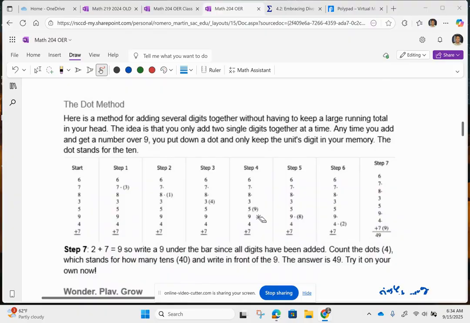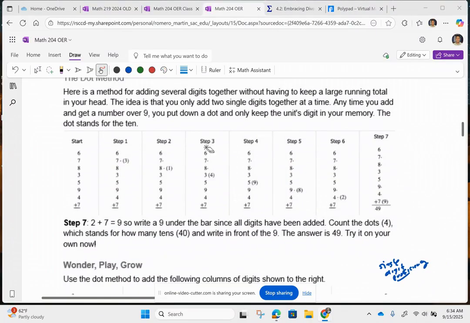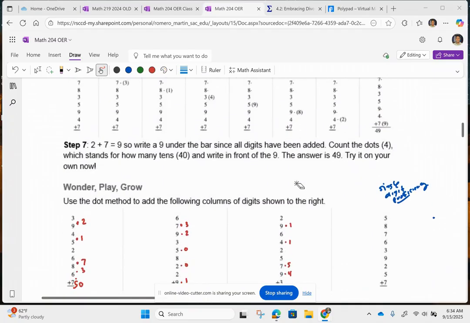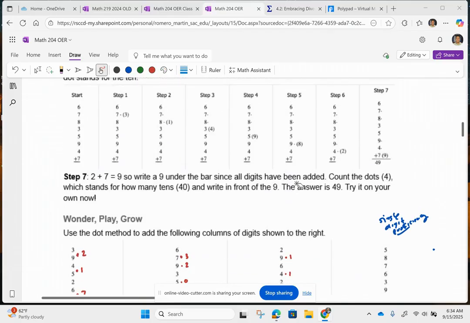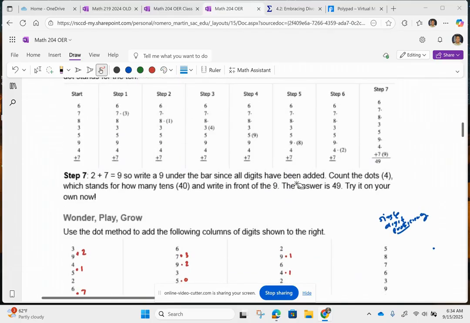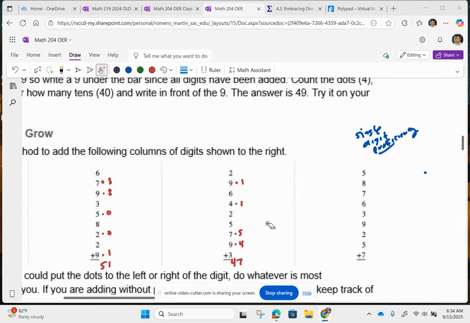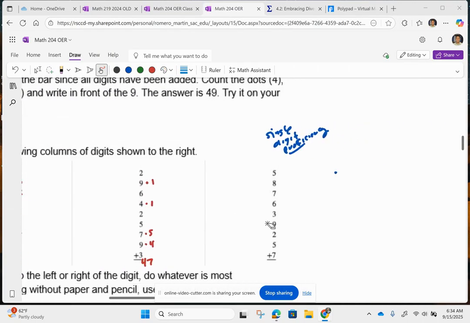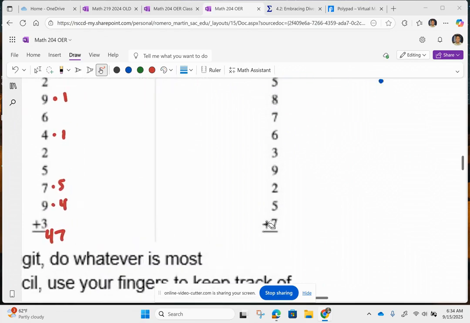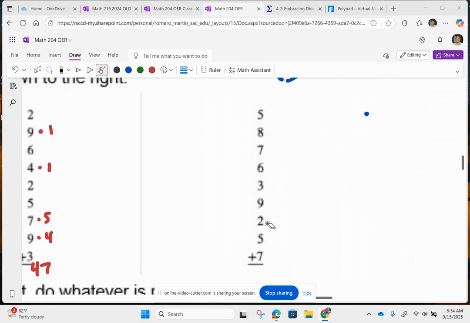So let's look at one of the first ones here, the dot method. Again, it can look a little confusing, but let me show you by doing. What you need here is single digit proficiency. I've done 3 of them, but let's do one and then you can go back and look at the ones that are in the notes. Here's a list of numbers, and here's how we would approach this.